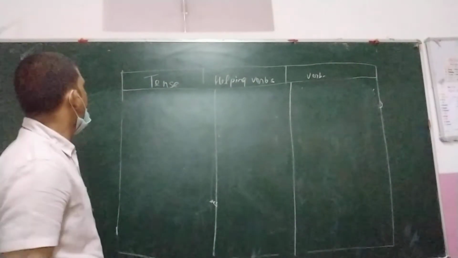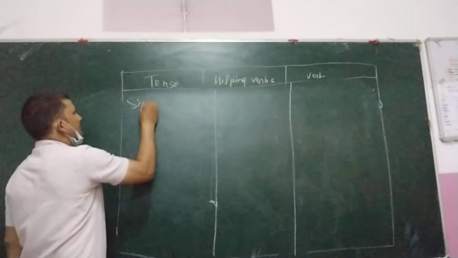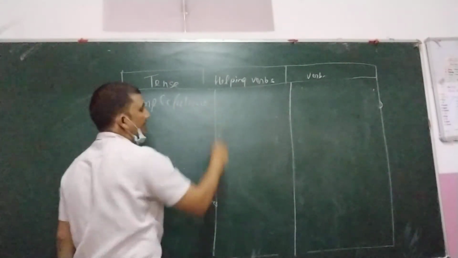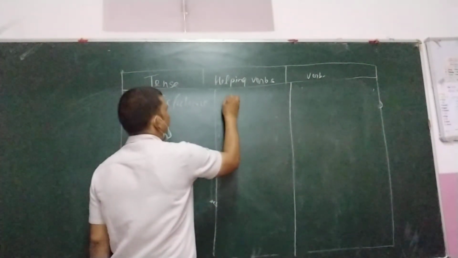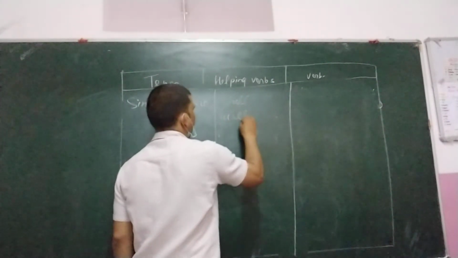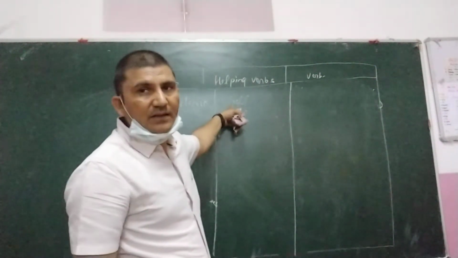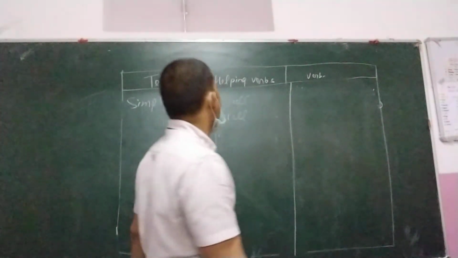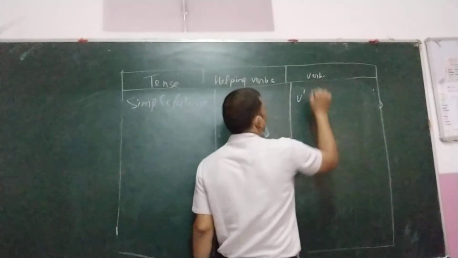Simple future. The helping verbs are shall and will. With I and we we use shall, and with other subjects we use will. First form of verb.